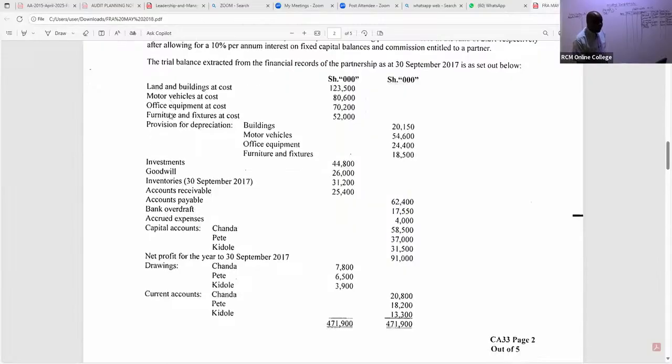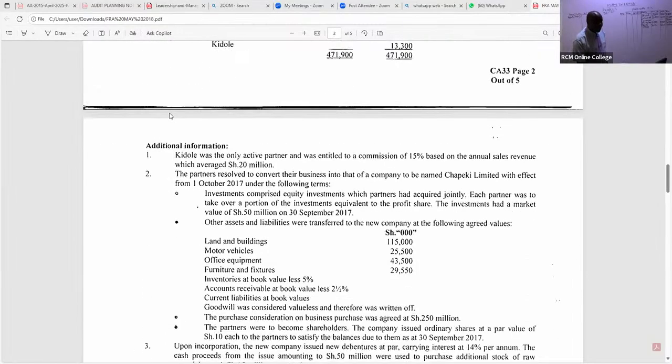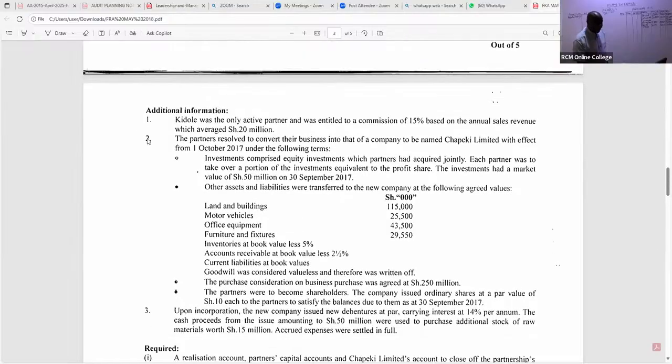If you go to this particular note, we have note number 2. We are told other assets and liabilities were transferred to the new company at the following agreed values. Those agreed values, we shall not take them to realization because you are not yet at the selling point. These are what we call the fair values.